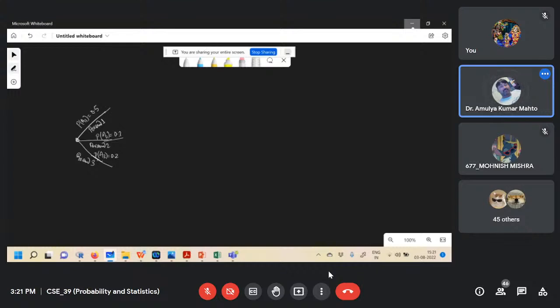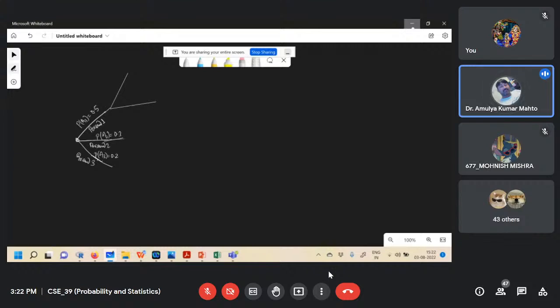Fine. Now, if we know that it is of brand 1, then there may again be two cases. One case is defective, needs repair. Another case is no need of repair. Got it?